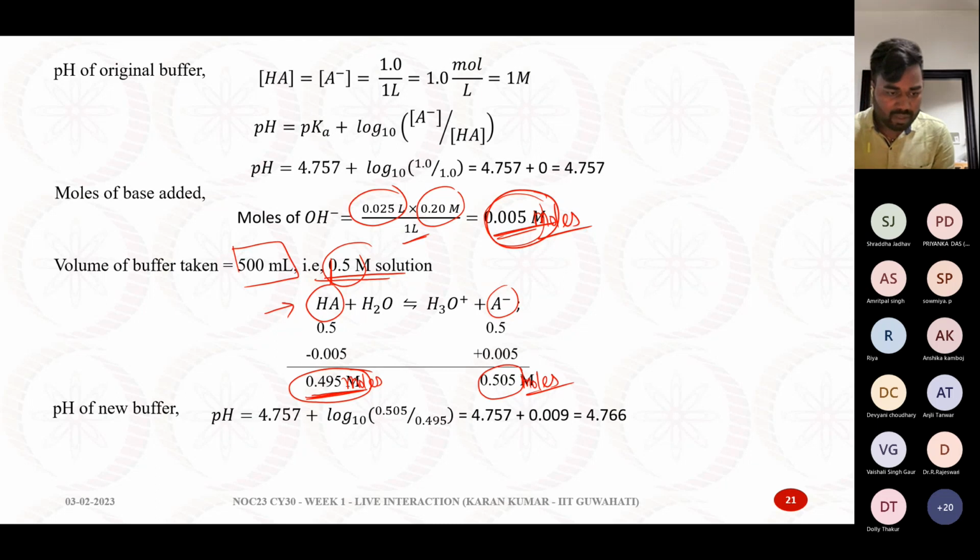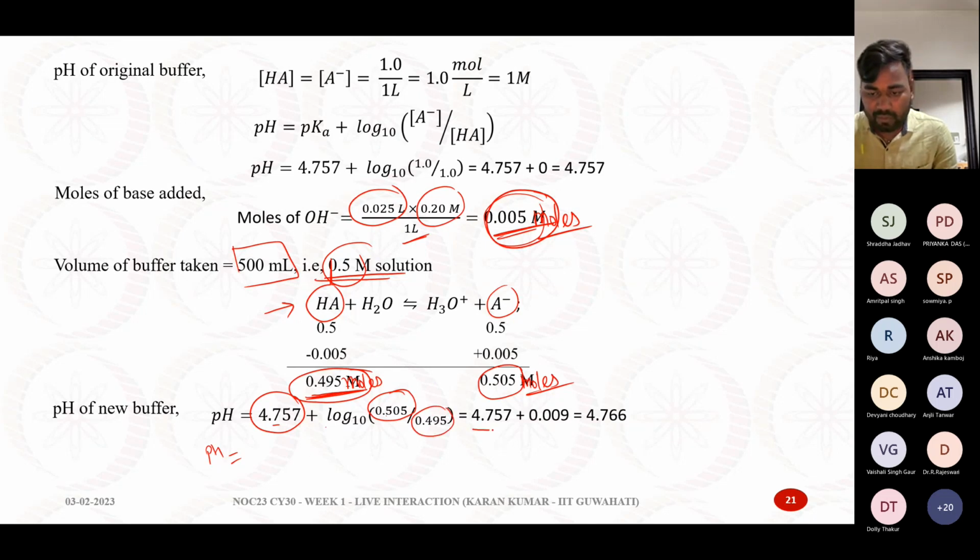So the pH of the new buffer will be pH equal to pKa, which is the same, 4.757, plus log of concentration of conjugate base, 0.505, over concentration of acid, 0.495.